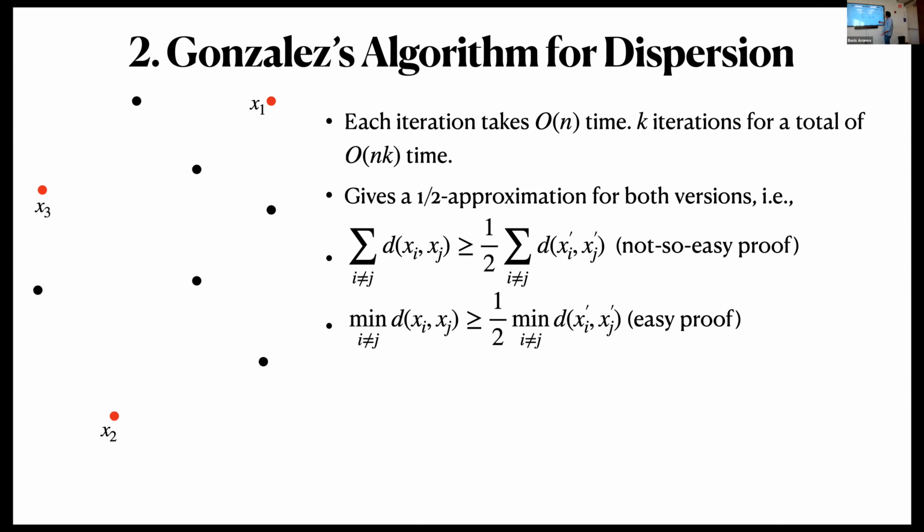I run this for k iterations, so this algorithm runs in nk time, and gives a half approximation for both versions. The second proof is kind of easy. The first proof is not so easy. People thought for a long time that the approximation factor was a 4, but recently it was improved to a 2.